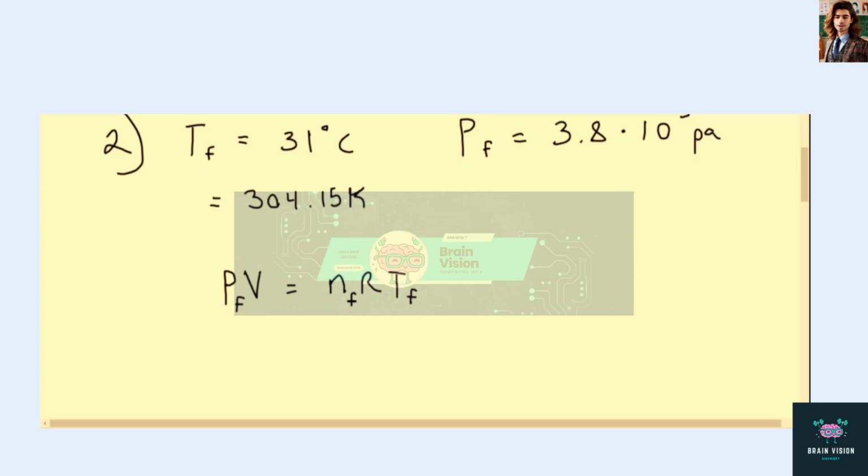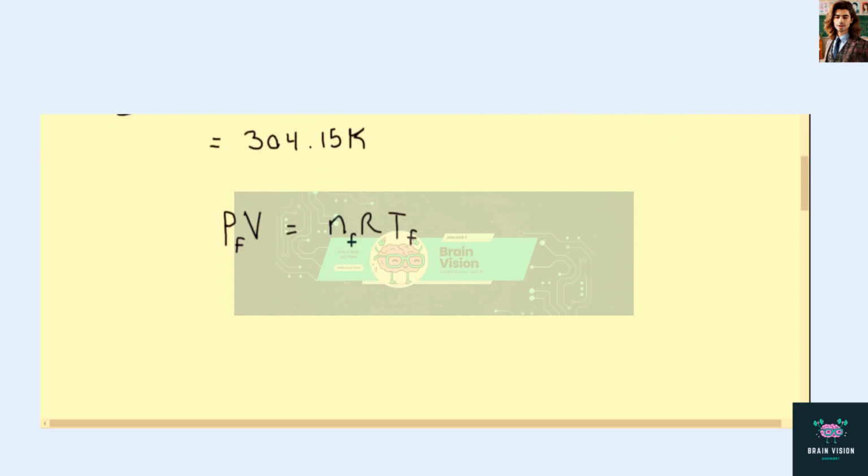So now, let's just solve this equation here for the number of moles, since we want to know how much is left in our tank. So we'll divide both sides by RT. And we'll just have n final is equal to P final times V over R times T final.